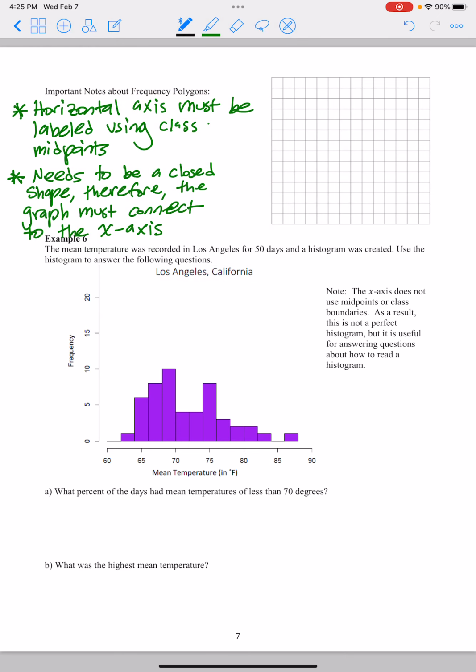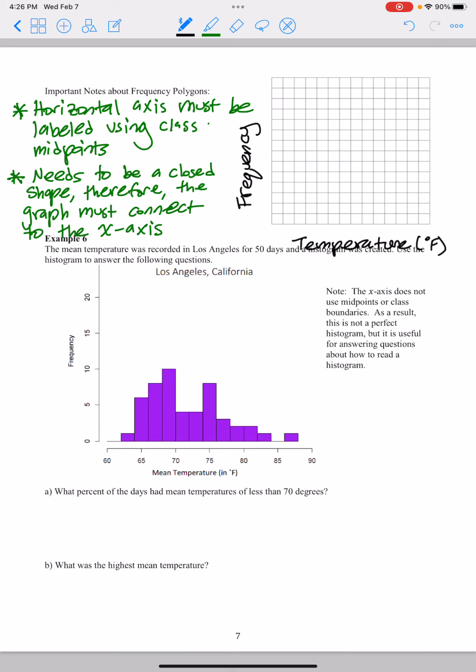So again, our y-axis, our vertical axis, is going to be our frequency. And our horizontal axis, again, is going to be temperature in degrees Fahrenheit.